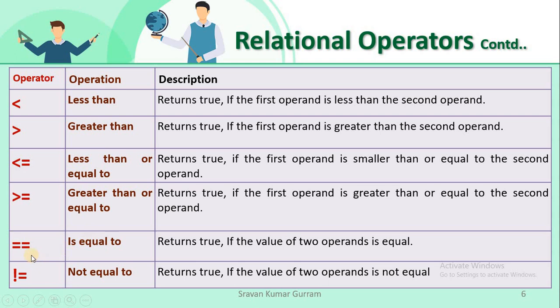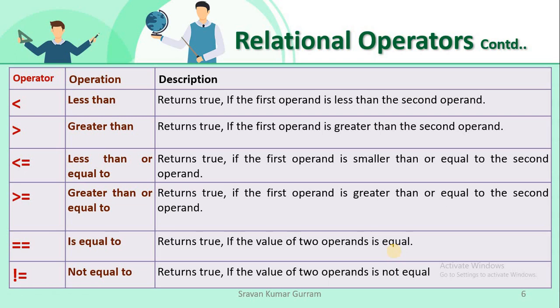And a very important point: in all programming languages, this is called the is equal to operator. In maths, generally when we write one equal sign, that is called the equal to operator. But in programming languages, when you write equal to two times, that is called the is equal to operator. It returns true if the values of the two operands are equal.